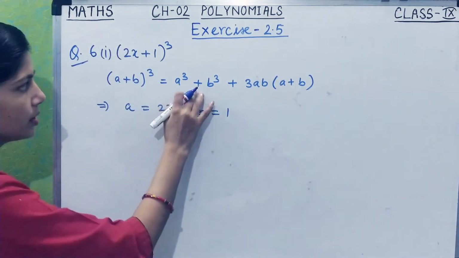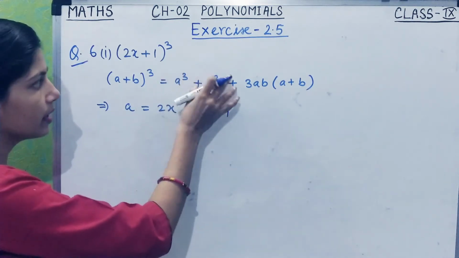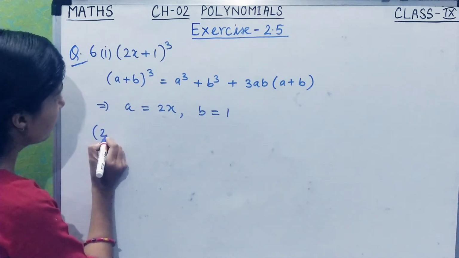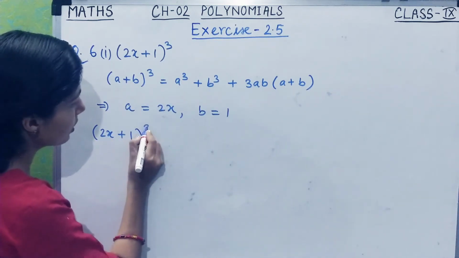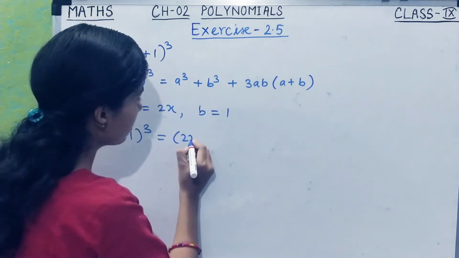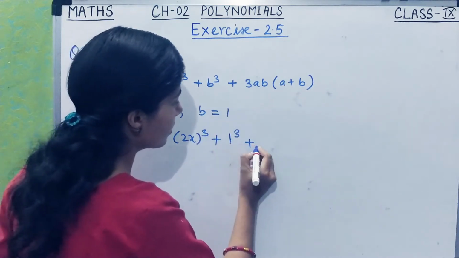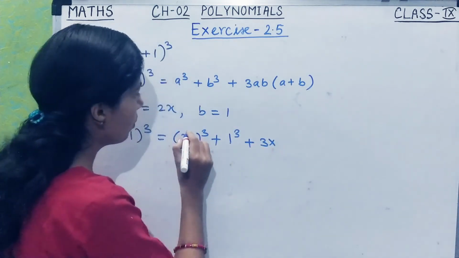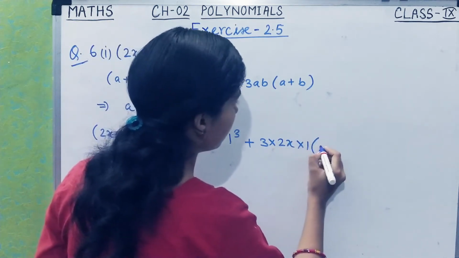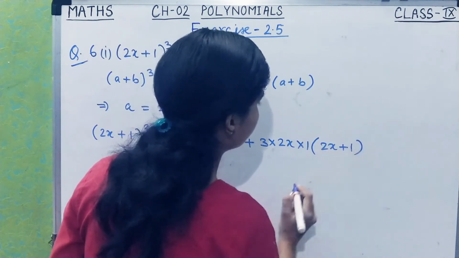So in this identity we have to put these values of a and b so that we can get its expanded form. The main question (2x + 1) whole cube will be equal to a cube, meaning (2x) whole cube, plus b cube, meaning 1 cube, plus 3 into a, that is 2x, and b is 1, in bracket a plus b, meaning (2x + 1).